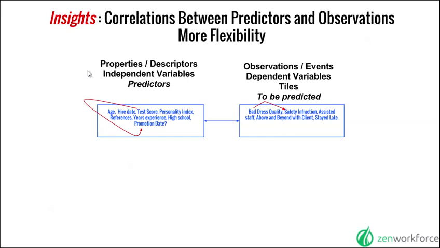So finding these additional insights the way we have been approaching this on the last slide is not possible. To solve these examples, we need to treat the promotion date as a tile to be predicted, and bad dress as a predictor, essentially moving each to the opposite side.